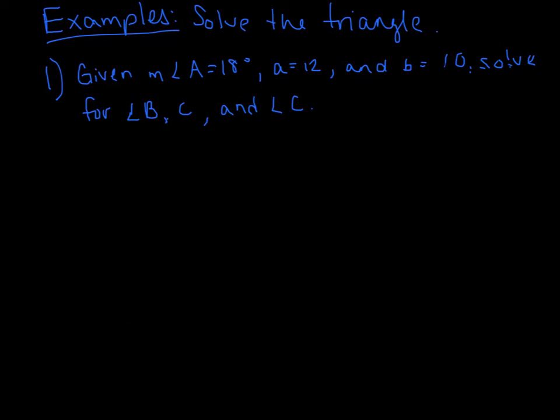Okay, I'm given angle A is 18, side A is 12, side B is 10, and I want to solve for angle B, side C, and angle C. So the first thing I want to do is draw my triangle. I know angle A is going to be pretty small.